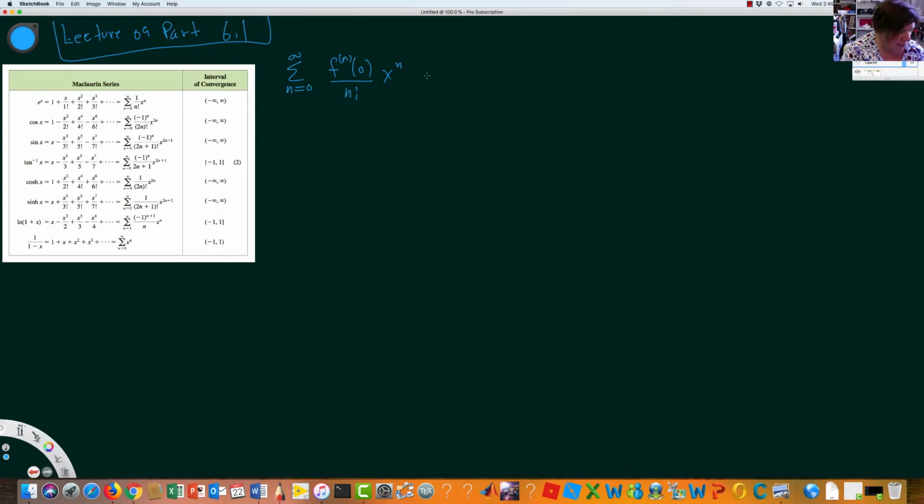So the first one would be the 0th derivative, which is just the function itself evaluated at 0. The next one would be f prime evaluated at 0 over 1 factorial times x, and then the second derivative evaluated at 0 over 2 times x squared, plus dot, dot, dot. This is the Maclaurin series, the definition of how you would get it. But a lot of times you can just go look them up.